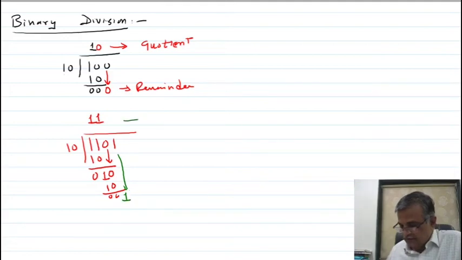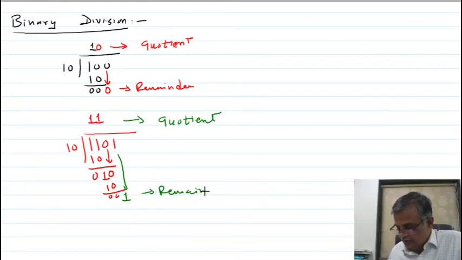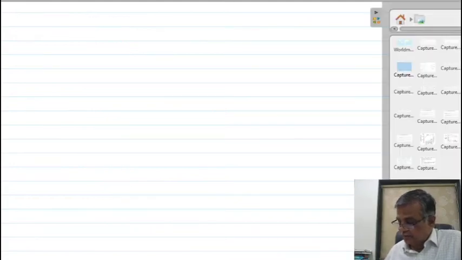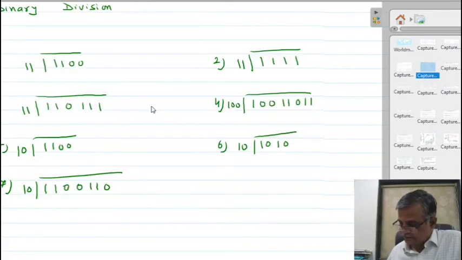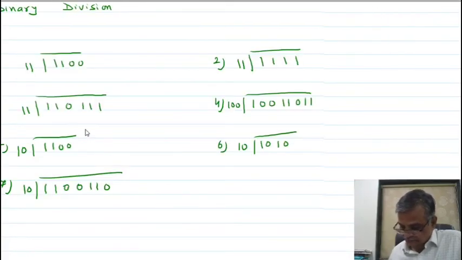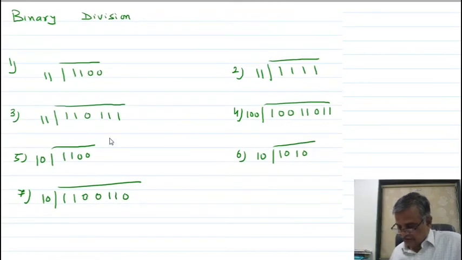So this is your quotient, and this is your remainder. Let us see some more numericals for practice. Let us do one by one so you get your answer.